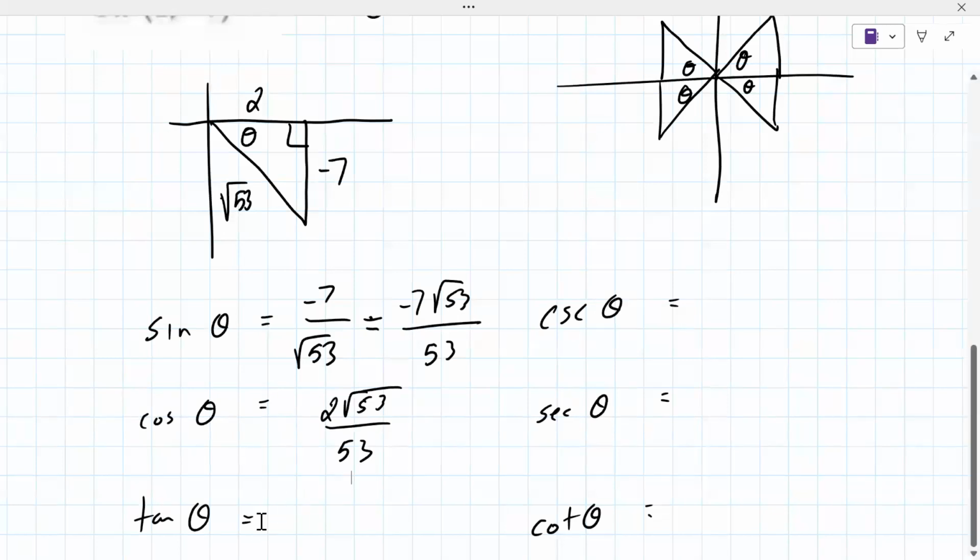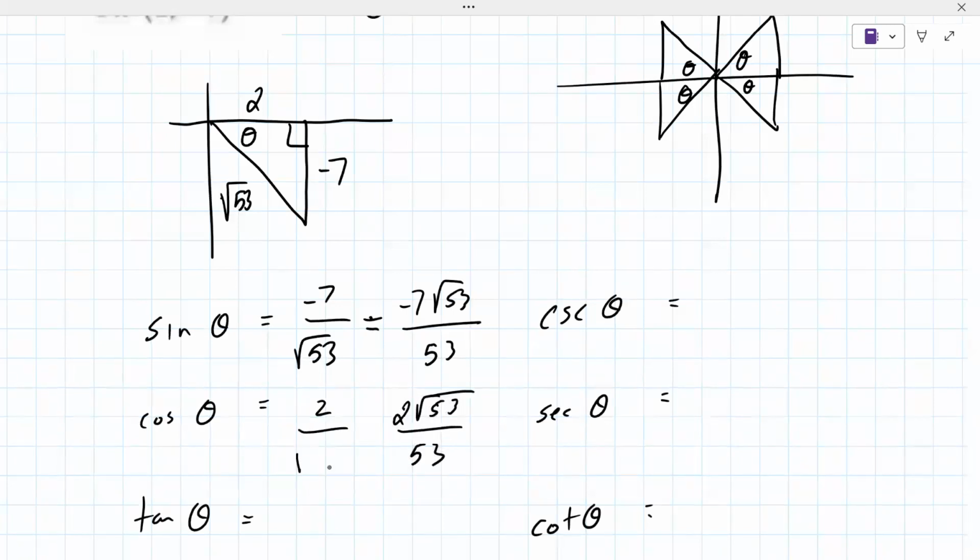And then tangent, be careful here because you could make it more complicated than it needs to be. It's -7 over 2.